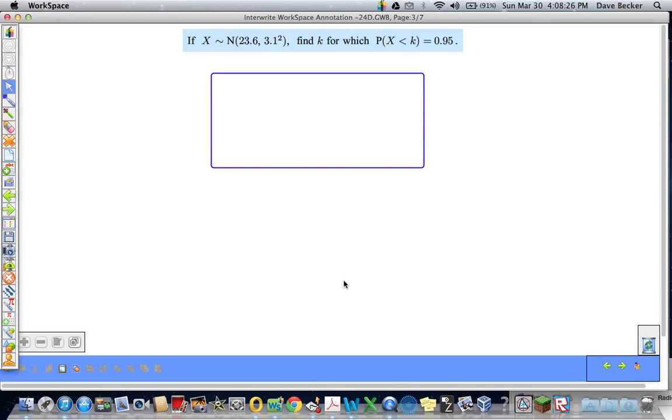Just a real straightforward example. Let's say that we have the normally distributed variable x. The random variable x is normally distributed with a mean of 23.6, standard deviation 3.1. Find k for which the probability that the random variable x is less than k is indeed 0.95.